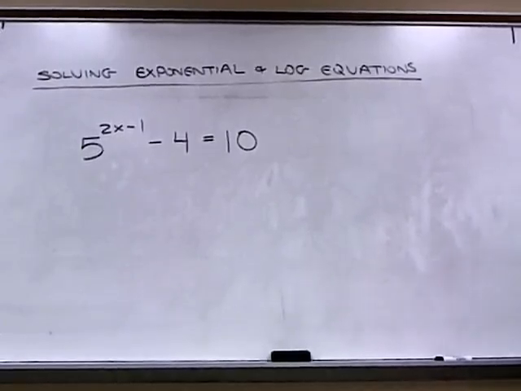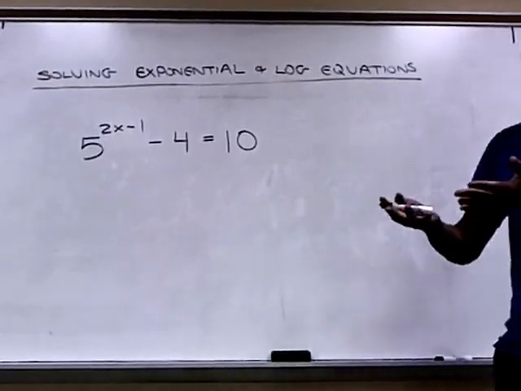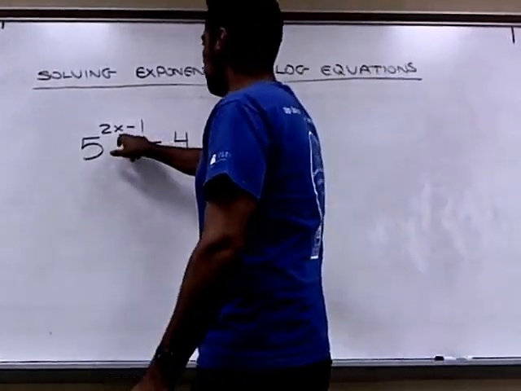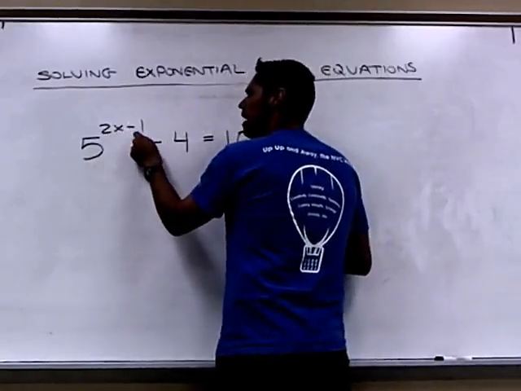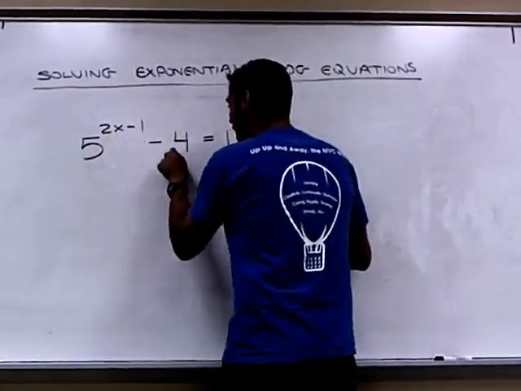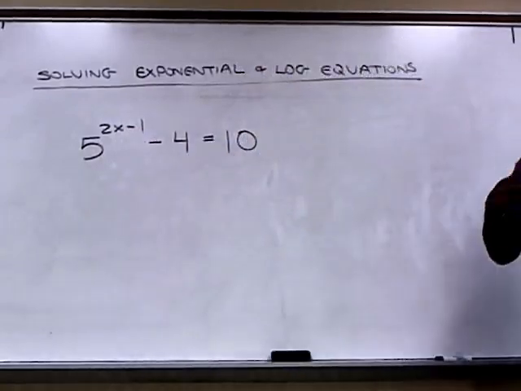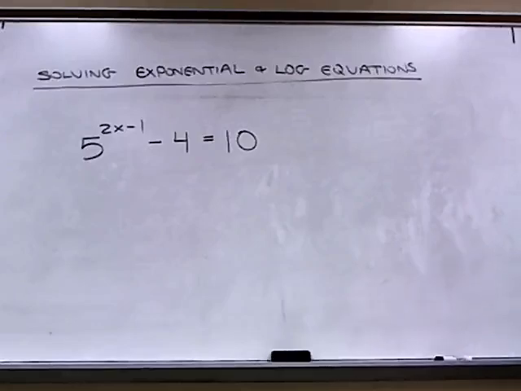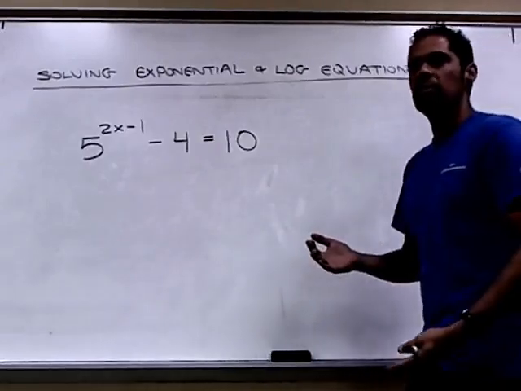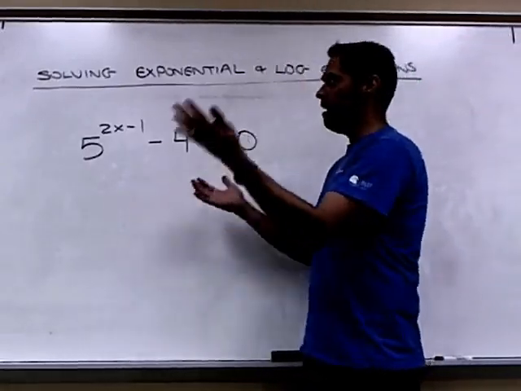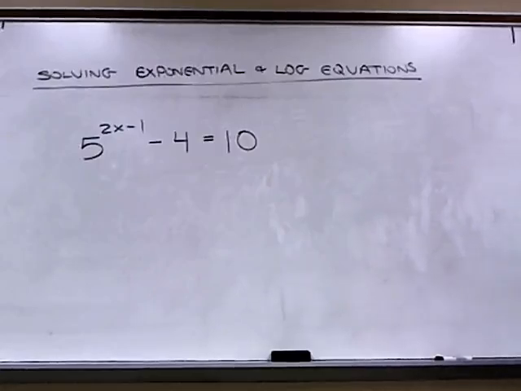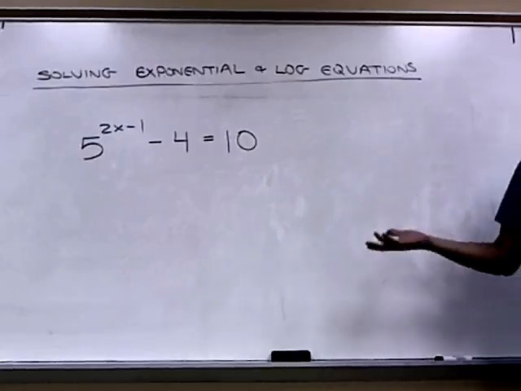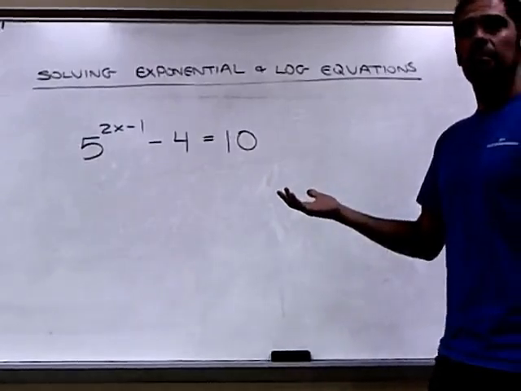All the other problems, the x was down on the ground, wasn't it? Now you have an x up here. So I'm trying to figure out what number do I plug in here. So I multiply it by 2, subtract 1, raise 5 to that power, subtract 4, I get 10. You're just never going to do that in your head, right? We do not come in here and try and factor. We do not try synthetic division. We don't do squaring on both sides. The only way to attack this is to use properties of exponents and logs. That's the only way to do it.